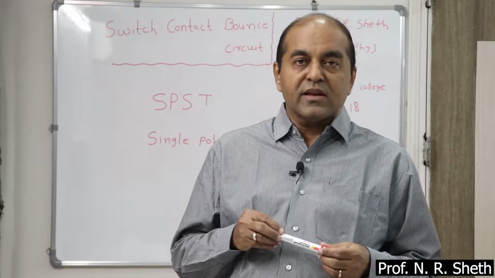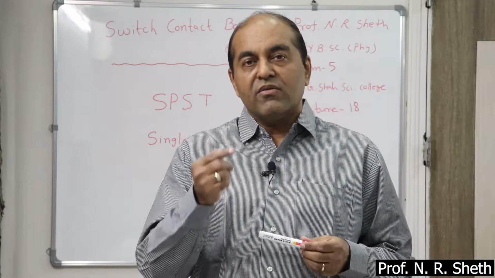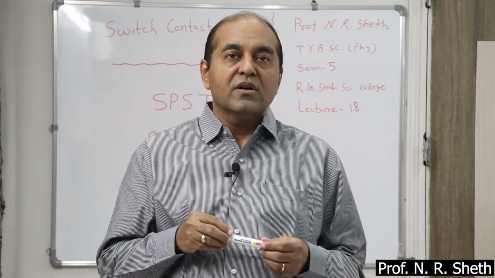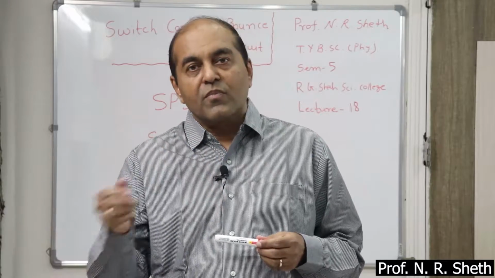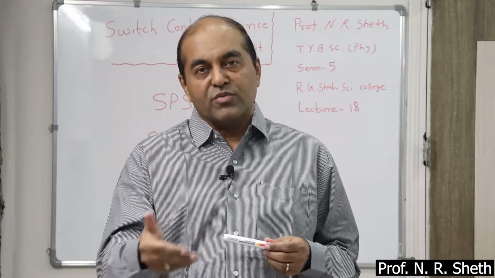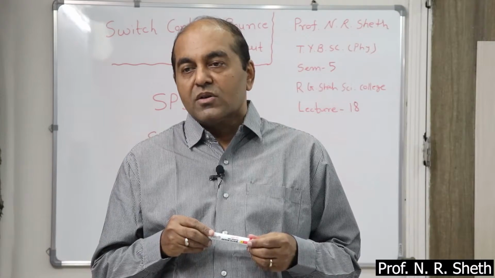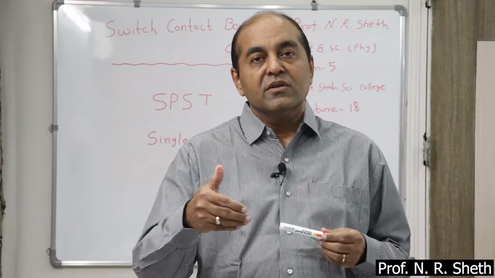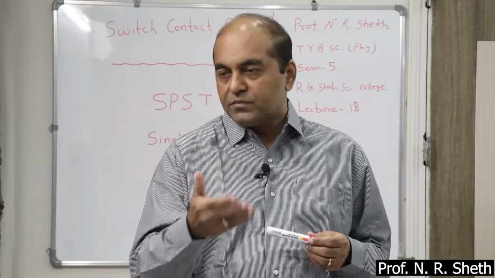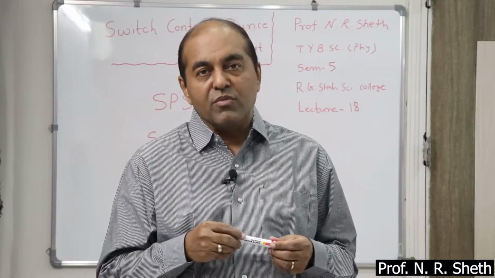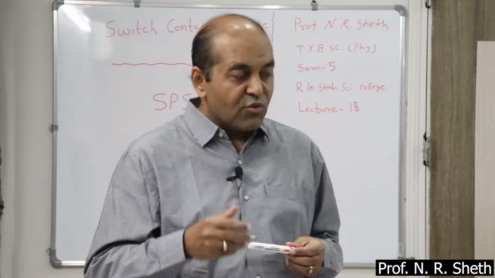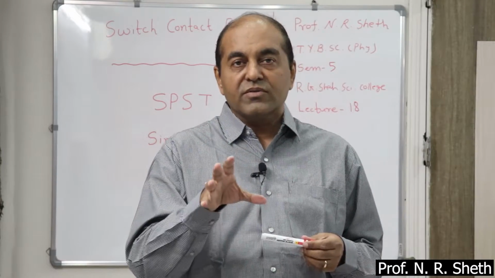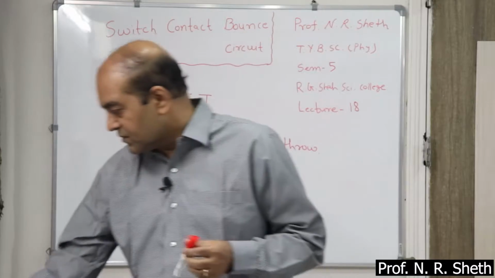Now in this mechanical switch one problem arises because it is connected with electronic devices like flip-flops, counter circuits or microprocessors. So we have to eliminate this problem when you deal with a washing machine, microwave oven or computer. Now first I am going to explain the internal structure of the mechanical switch, how it works.